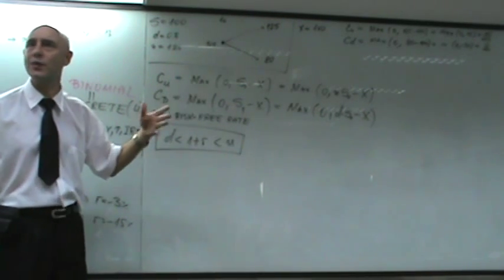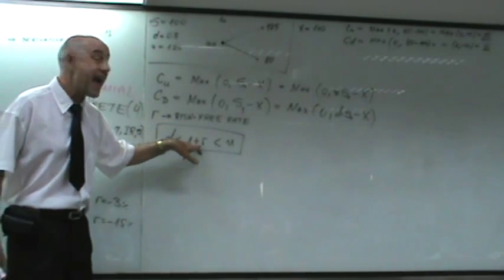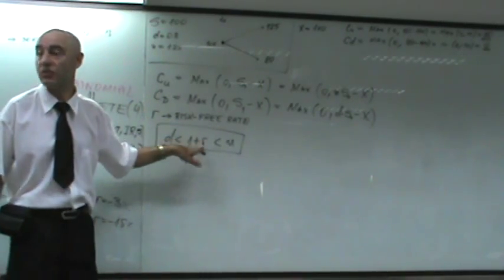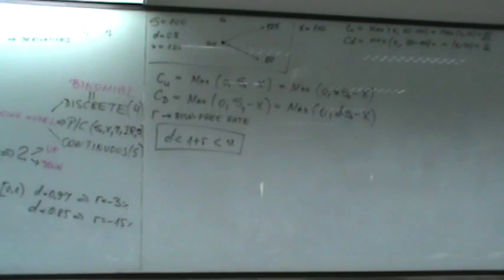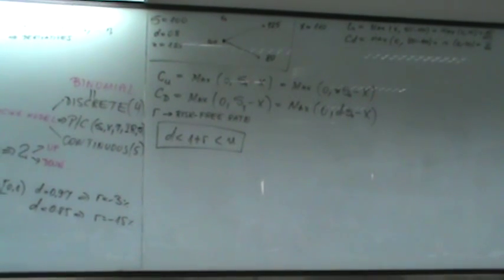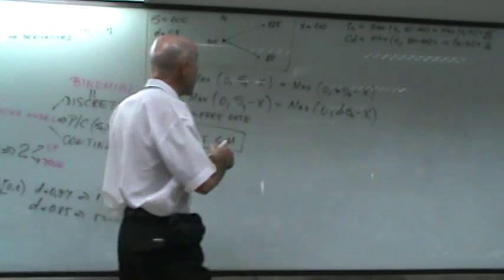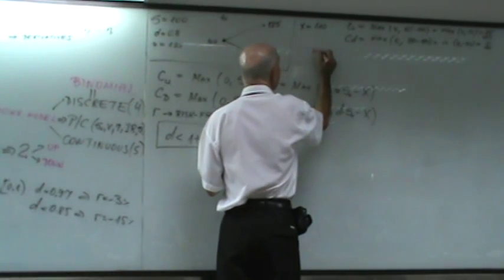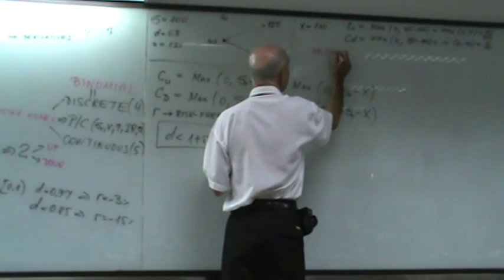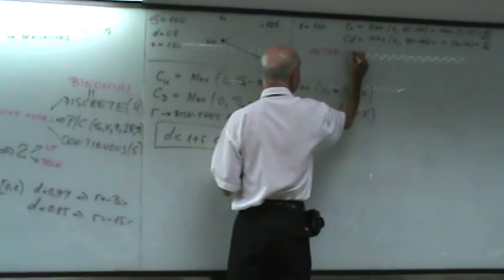It could be 101, 102, but it has to be less than the risk-free rate. Okay, let's see what else we got now. Well, now we're getting to the concept of a hedge portfolio.